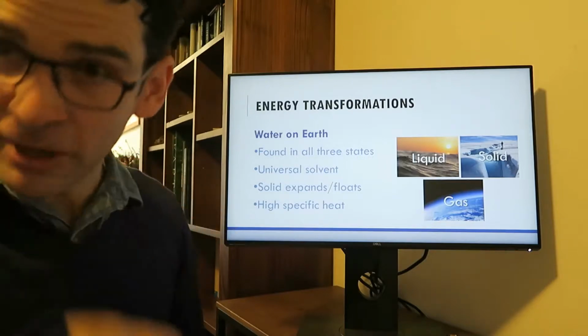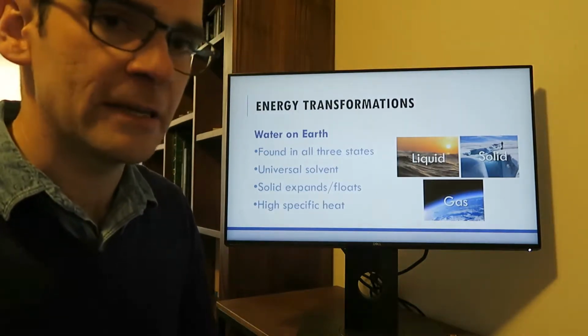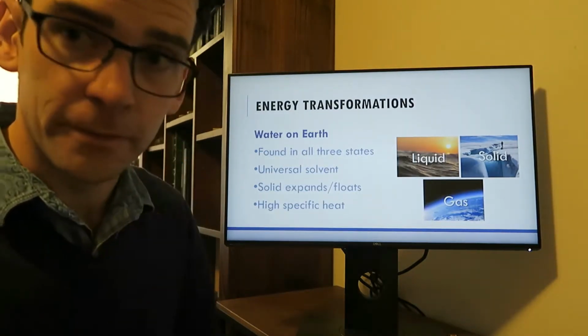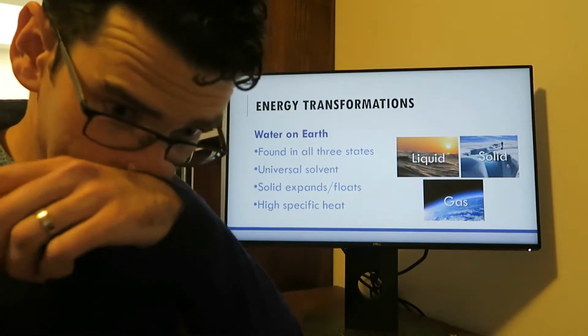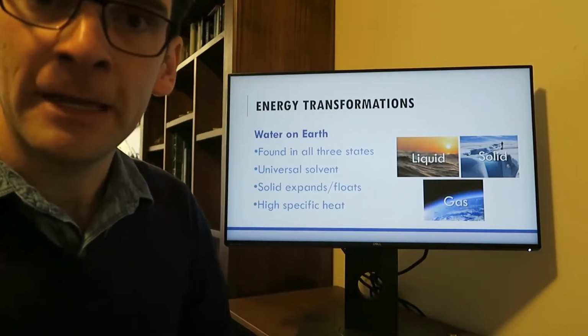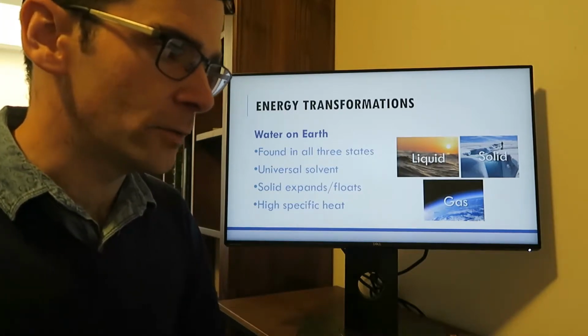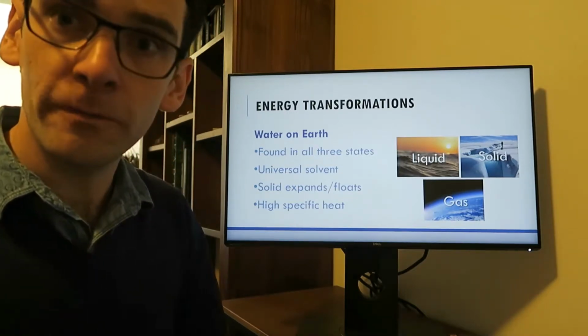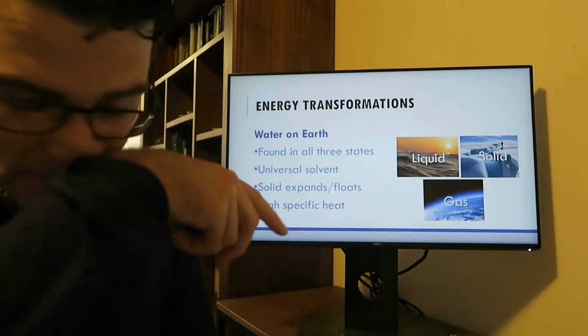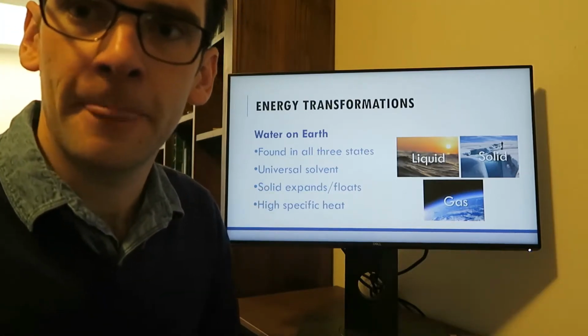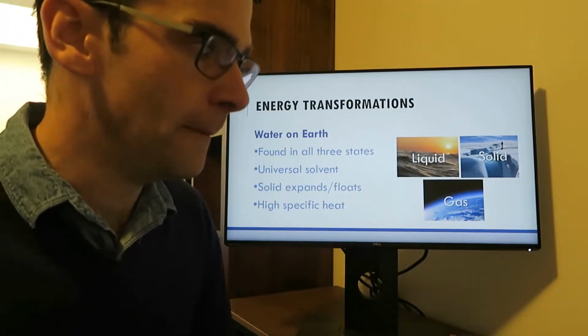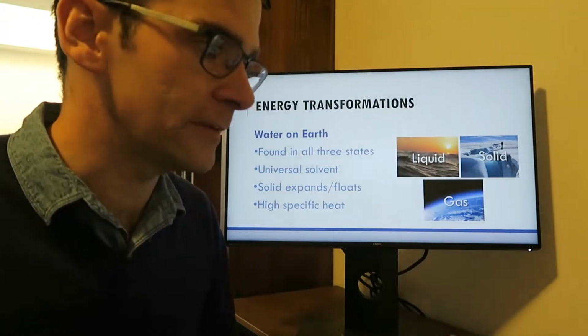Another really great thing about water is that it acts as a universal solvent. That means it dissolves pretty much everything, and that's really important if you want to transport things, especially in living organisms. But yeah, that's really important in terms of the properties of water.